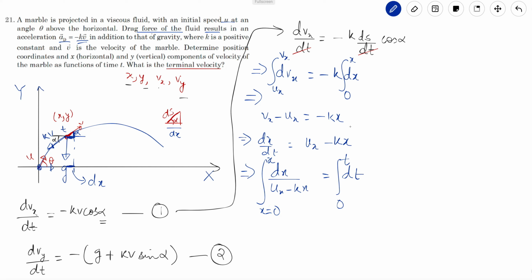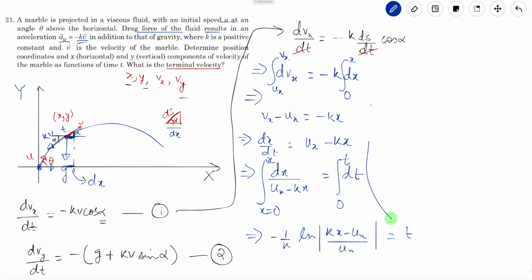By the way, this kind of equation we have already encountered in the RC circuit also. If you integrate it, you will get minus 1 over k times ln of (kx minus ux) over ux is equal to time t.